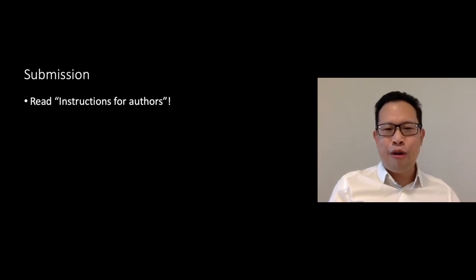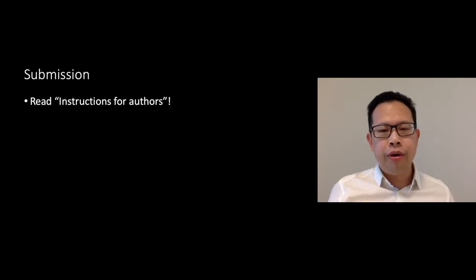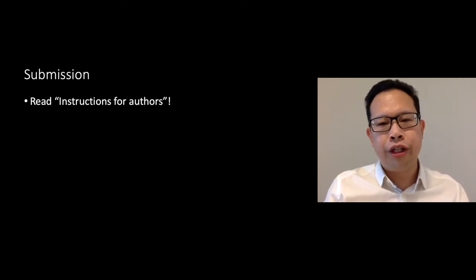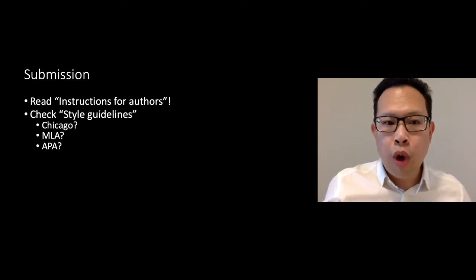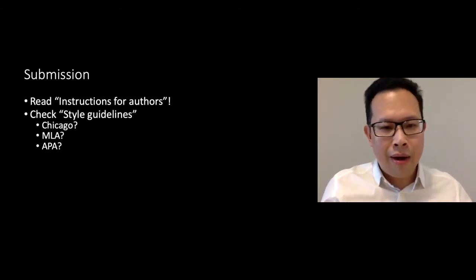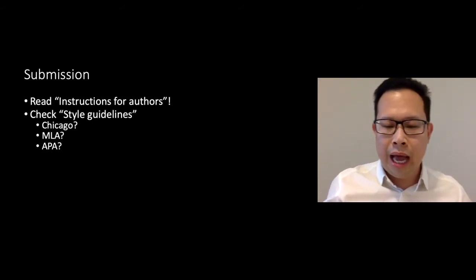Next, the most exciting and important part of the publishing process, that is submission. So now you're going to submit your article manuscript to your journal. So what should you do? First and most important, read the instructions for authors on the journal webpage. So you know first, what is the stylistic guideline?